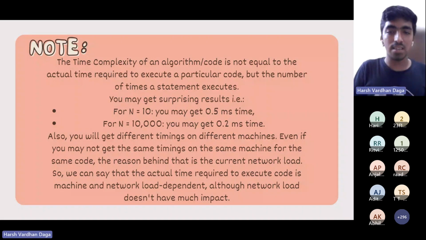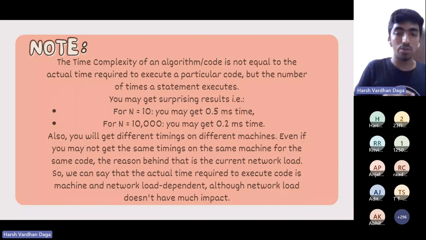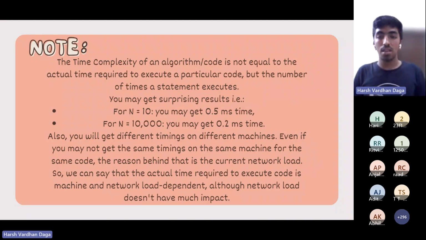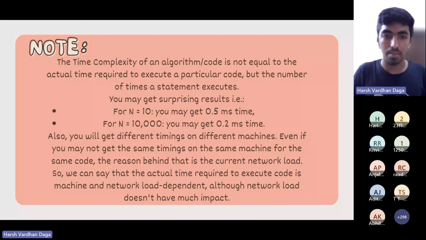You may get surprising results. For executing n = 10 operations, you may get 0.5 millisecond, whereas for n = 10^4 operations, you may get 0.2 milliseconds. Why is this difference there?